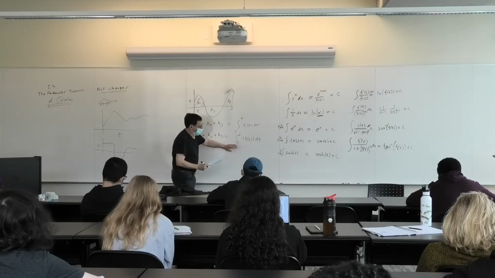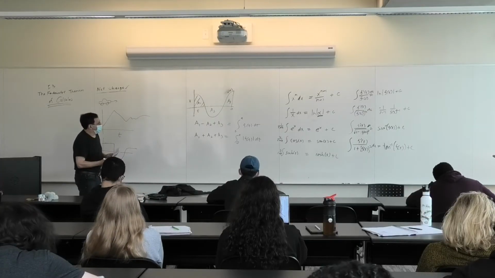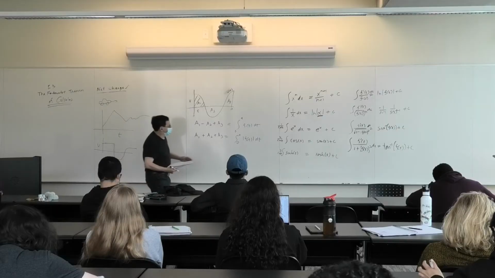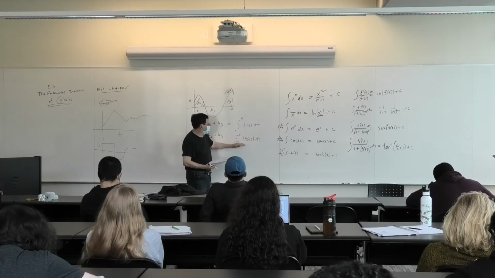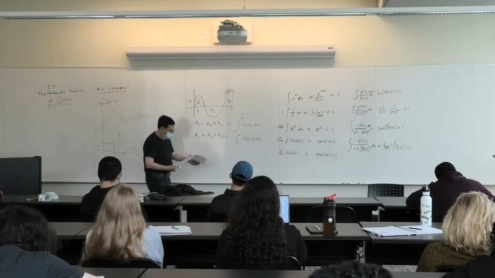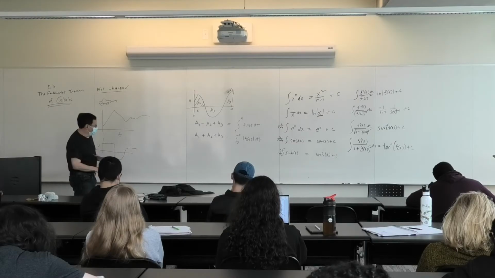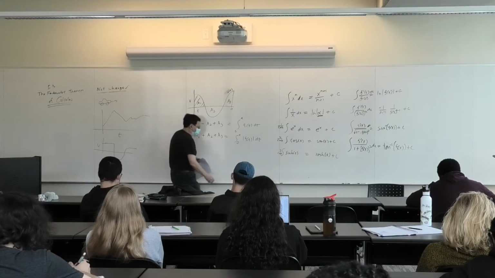This is a problem I think we've looked at before. How do you find this? How do you evaluate this integral versus this integral? So why don't we look at a particular example that demonstrates that?